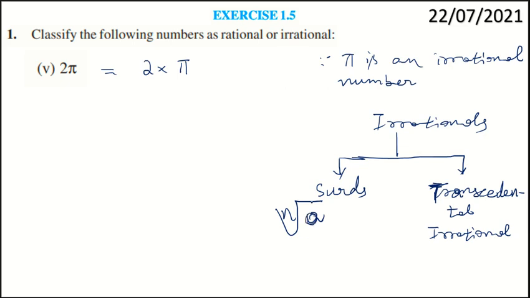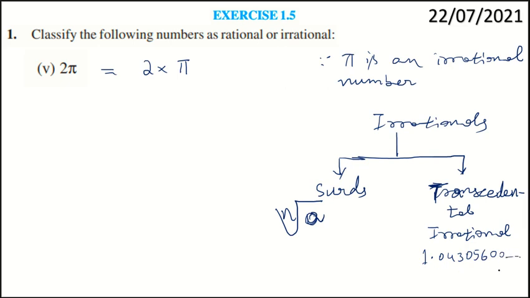So we have surds being irrational numbers, where if you find the root 2 value, it is 1.414, and the cube root of 4, if you find, you will get some number like 1.587 and so on. They are all surds, whereas transcendental irrational numbers are there. For example, here you will have 1.043056 and so on.